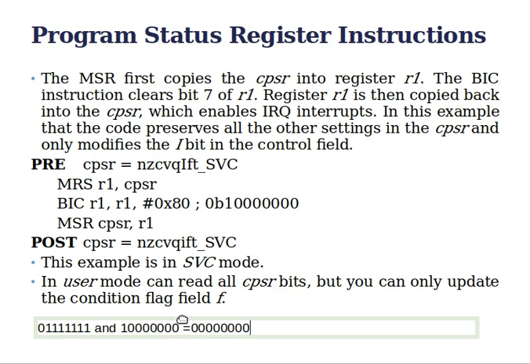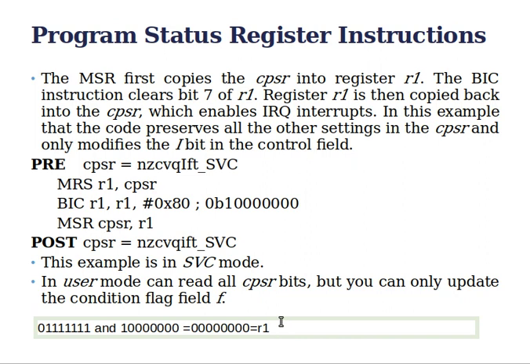Okay, so we have got the result like this right now, and we are going to move these contents into R1. Now we are going to copy the contents of the register onto the CPSR.